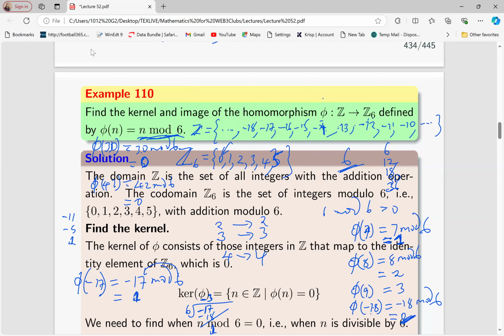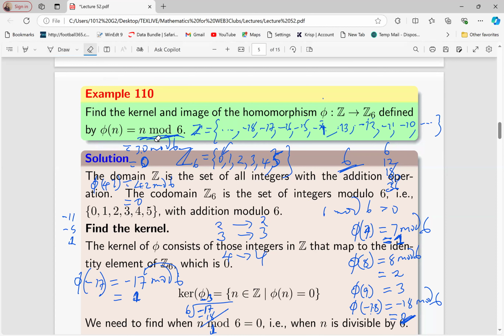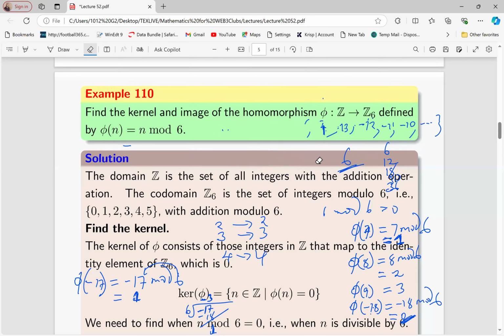So all numbers which are divisible by 6 will be mapped to the identity element for this question, and therefore they comprise the kernel of this homomorphism.